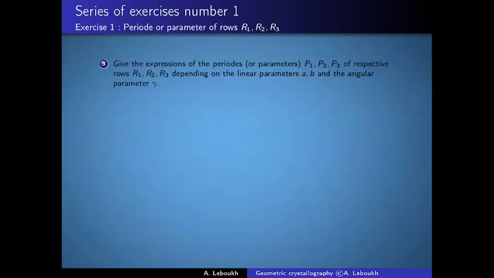Now we are going to give the expressions of the periods or parameters P1, P2, P3 of the respective rows R1, R2, R3, depending on the linear parameters A and B and the angular parameter gamma. We know that the period of a row is equal to the distance separating two consecutive nodes of the row. Remark this word consecutive.